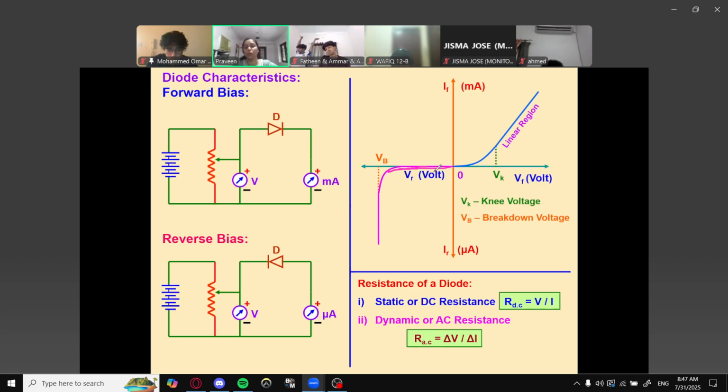The current shall not be zero, but it should be very minute. I just corrected it over there. Just draw it like that. There should be some value, but not a noticeable one; you have to show a very feeble current for reverse characteristics.